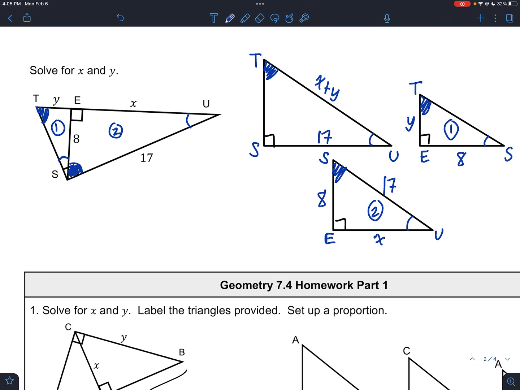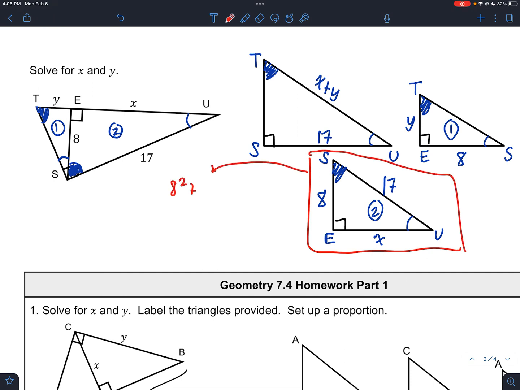All right, so what could we do? I always look for Pythagorean theorem first. So do any of the triangles have 2 sides as numbers plus a variable we want? And yes, that is very true. We can use this one. So it's going to be 8 squared plus x squared is 17 squared.